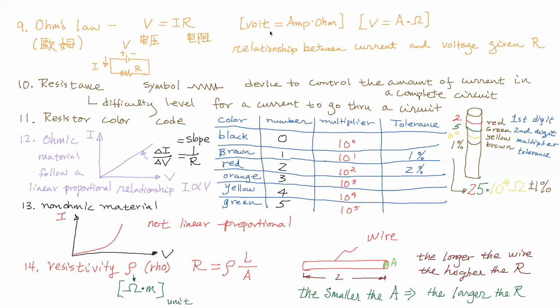The unit is volts for V, ampere for I, ohm for the resistance. So volts equal amperes times ohms.